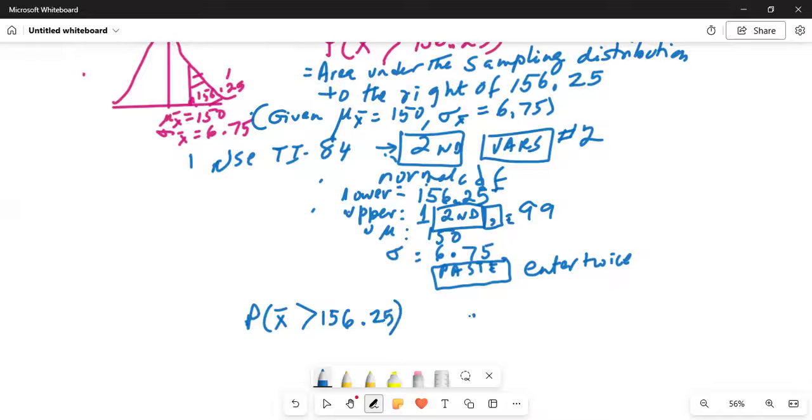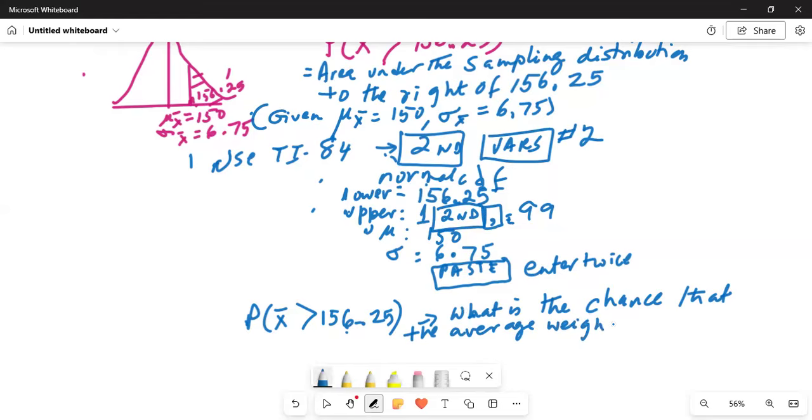That means what is the chance that the average weight of 16 people will exceed 2,500 pounds. This is what my goal is, to find the average weight of 16 people to exceed.